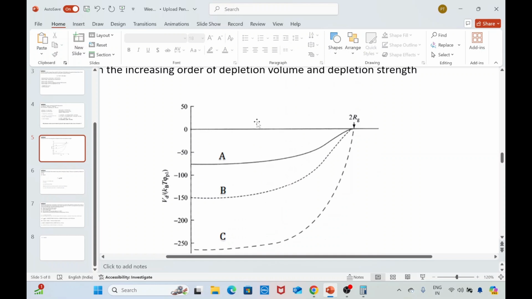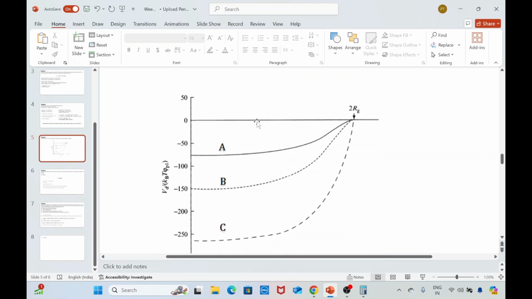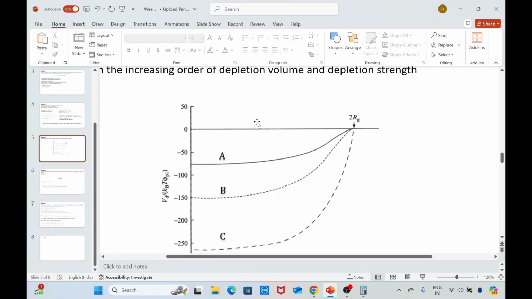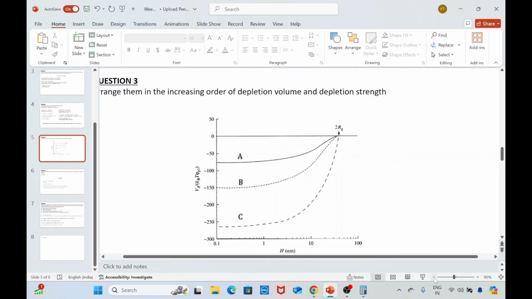So which one has the high depletion strength? Any ideas?